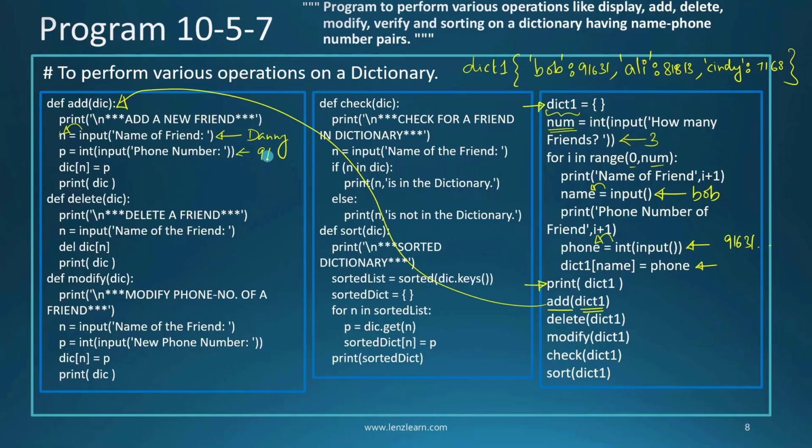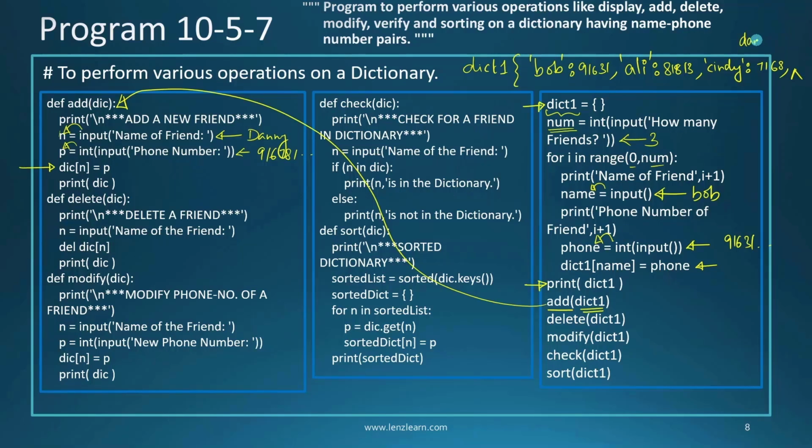You can enter something like 191,781 something. That will be stored into variable P, and after that I will make this entry into the dictionary by this statement, dic of N. N is Danny, is equal to P, and P is the mobile number. So now I will enter a fourth entry into this dictionary. I don't have space here, so I will just write it above.